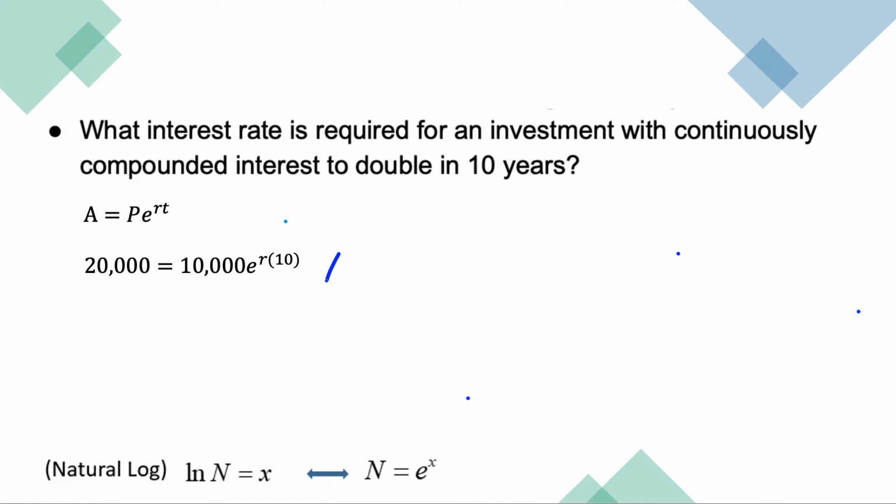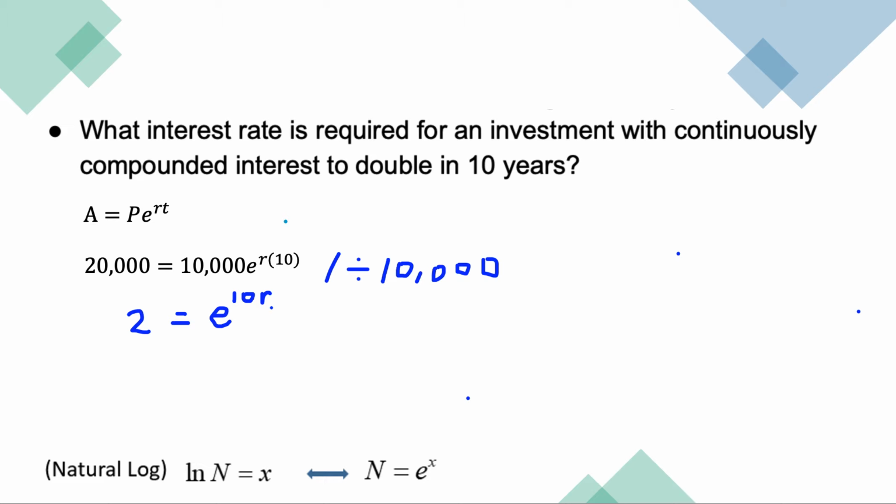First of all, we can simplify this equation a little bit by dividing everything by 10,000. Then we get 2 equals e to the power R times 10, which is 10R, so it may look better if I put it in the front, e to the 10R. But still I cannot solve this in the exponential form.